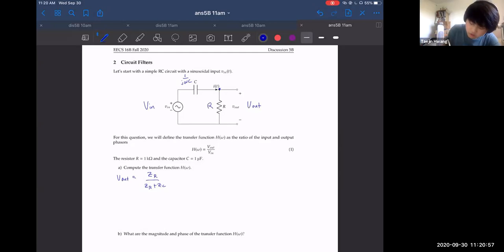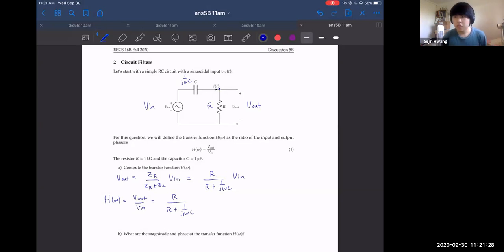So plugging in for all the values, we're going to get R over R plus 1 over j omega C times V in, and then this tells us that H of omega, which is equal to V out over V in, is just equal to R all over R plus 1 over j omega C.